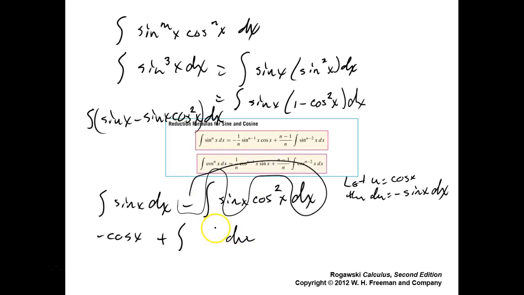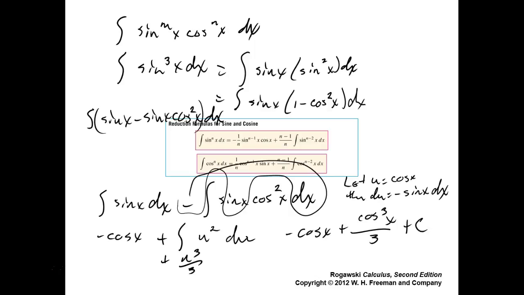And what are you left with? U squared. I think you can do that one, can't you? This will be plus u cubed over 3. Then substitute back in, so it would be minus cosine x plus cosine cubed x over 3 plus c.